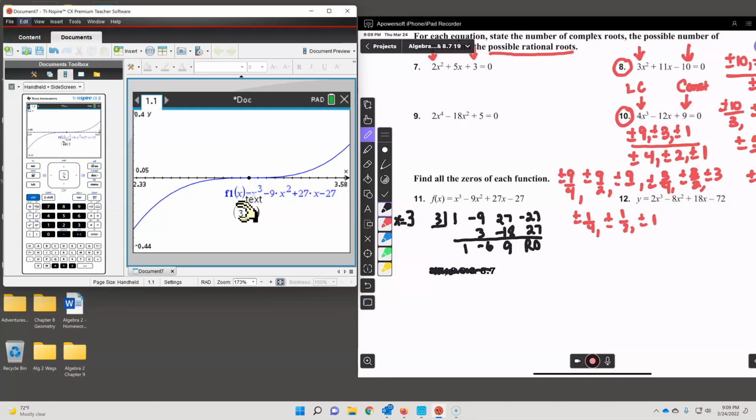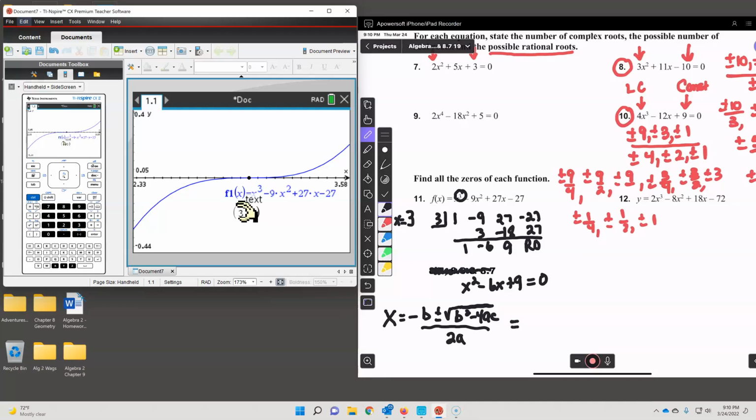So since we have a total of 3 roots, we've already found 1. So it's going to be x squared minus 6x plus 9 equals 0. Use the quadratic formula: negative b plus or minus the square root of b squared minus 4ac, divided by 2a.